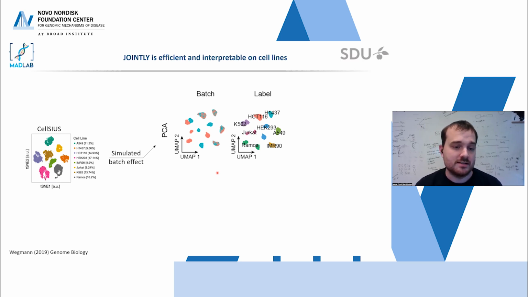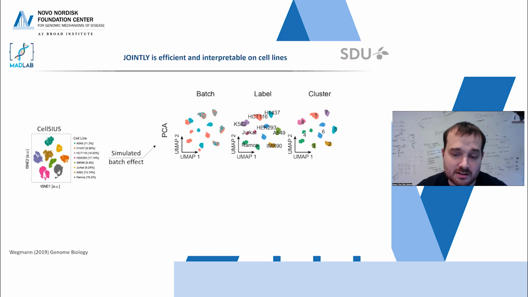So what we did is that we simulated a nonlinear and also a complex batch effect that doesn't affect every cell type equally. So you can notice, for example, that the HCT116 cells are fairly well mixed in the naive PCA space. But for example, the RAMA cells are quite significantly affected by batch effects. And if we try to cluster in this using the naive analysis, we can see that we cannot actually recover the true cell types.